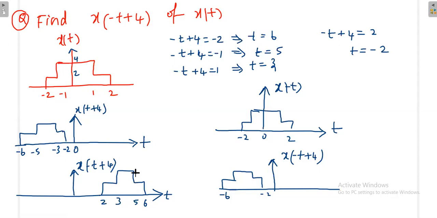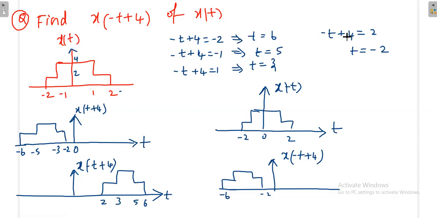At t equal to 1 something is going down, and exactly at t equal to 3 something is coming down. Similarly at t equal to 2 something goes to 0, and that has to happen at t equal to minus 2 as something going down. So I think here we have made a mistake.